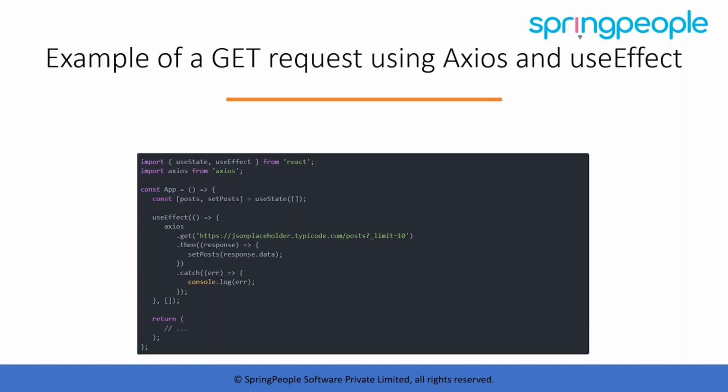These are all functional components, simply because I'm more comfortable with and lean more towards functional components, which is why most of the examples on the slides are about functional components. As you can see here, we are again using the same thing, the difference being that we are using Axios. So I'm using Axios.get here.